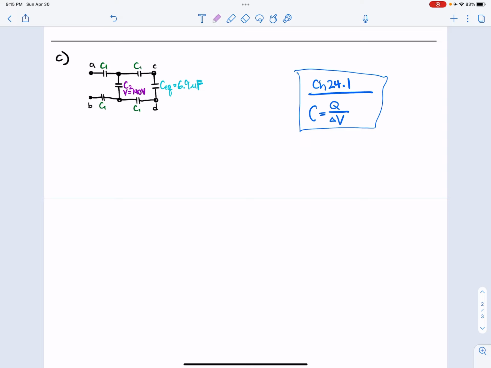I know that C1, which was given in the problem, is equal to 6.9 microfarads.